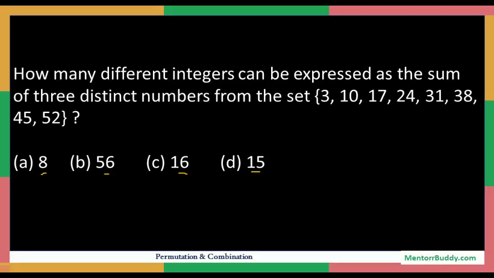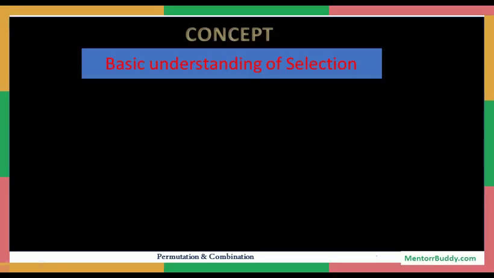In order to solve these kinds of questions, we need a basic understanding of the selection process in permutation and combination. Mathematically, selection can be done using nCr, which is written as n factorial upon (n minus r) factorial into r factorial.